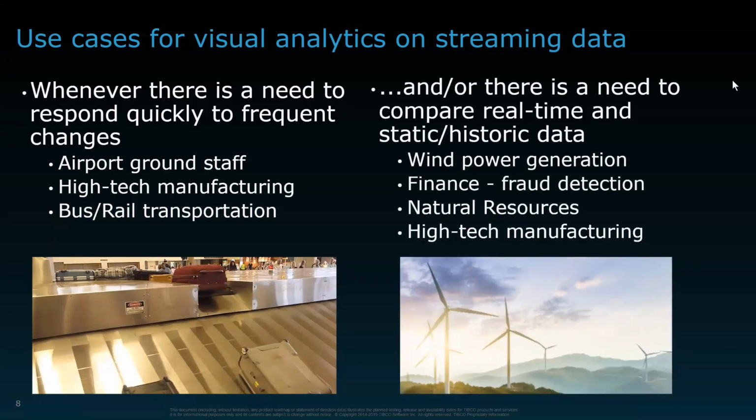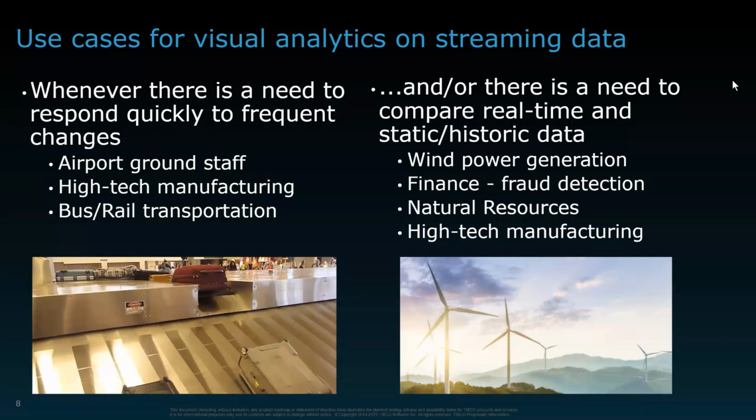The other bucket of use cases, where there is a great benefit with comparing real-time and static or historic data, is in situations like wind power generation, for example. Let's say you're managing a wind turbine park. Then in order to understand whether the current operational parameters are good, or if the output of the turbine park is good under these circumstances, it's not enough to look at just what's happening right now.